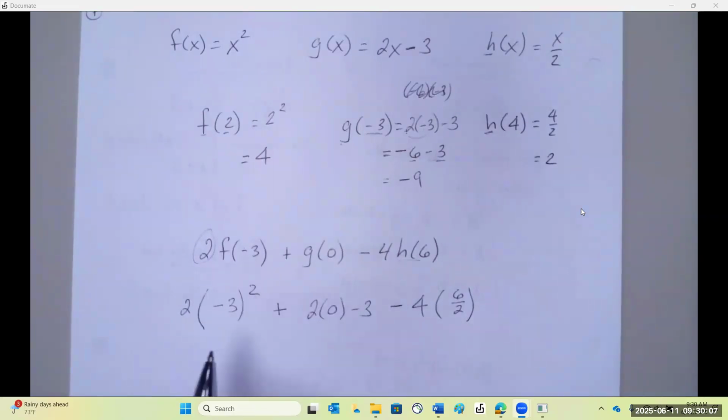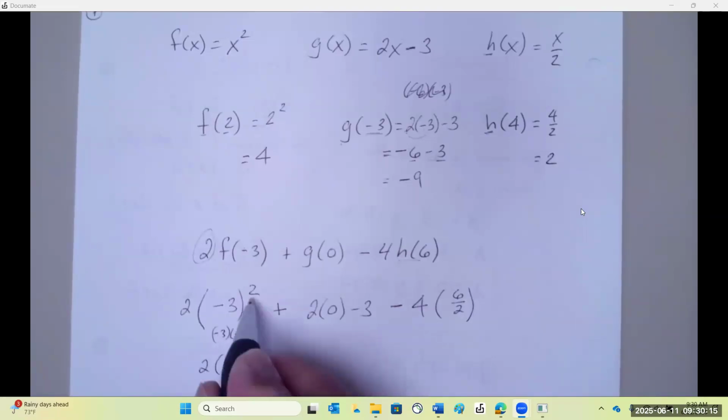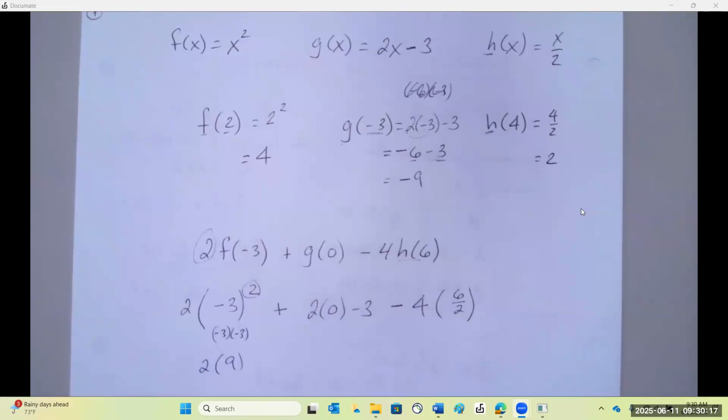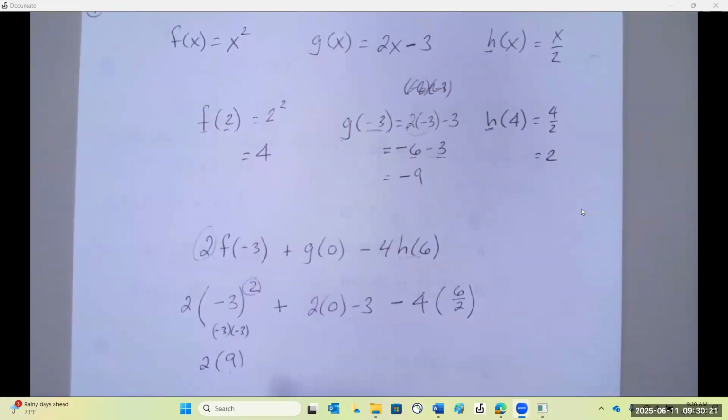What is -3 squared? Positive 9. -3 squared means -3 times -3. That's what that means. Negative times negative is a positive. 3 times 3 is 9. Plus 2 times 0 is 0, minus 3. So there's that one. Minus 4.